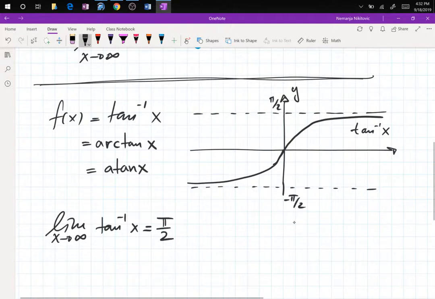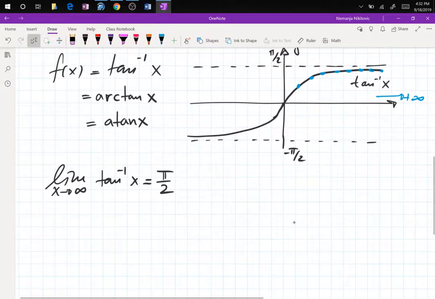As you are going on x to positive infinity, the y values are slowly creeping up to pi over 2. So these two examples show the first case where you are looking at a finite number to be your answer for the limit at infinity.